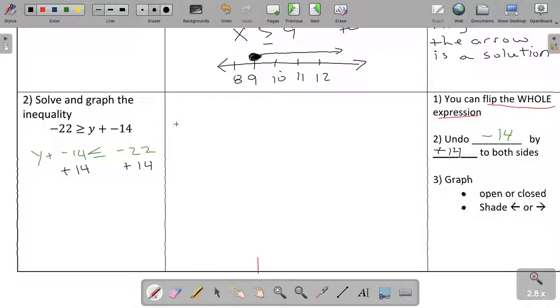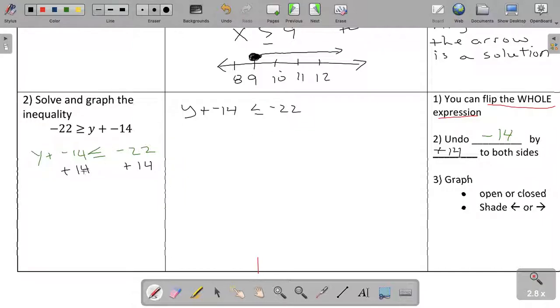Okay, so I'm gonna rewrite that up here so I have some room to work. We've got y plus negative 14 less than or equal to negative 22. Okay, here it was a greater than sign. Negative 22 is bigger than this, which means this is smaller than that. And that's what I have here. This is smaller than negative 22.